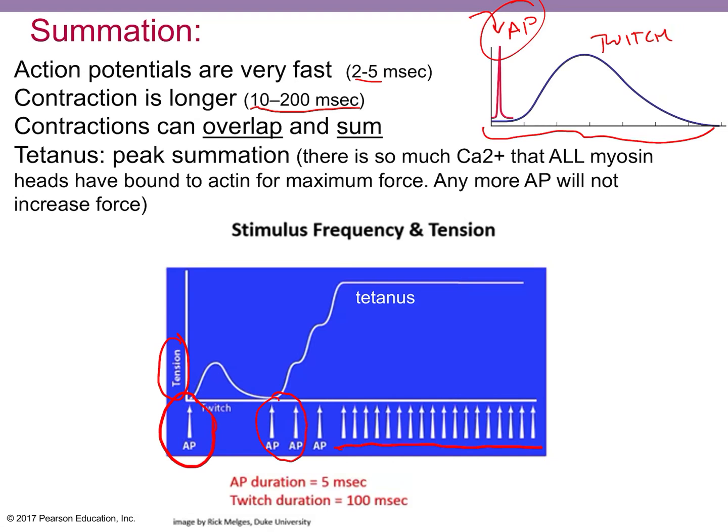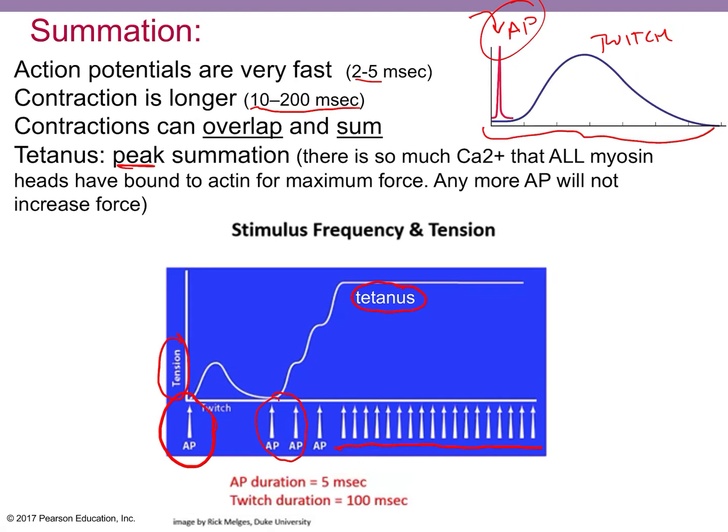You can create more and more tension until you reach the peak tension, when your muscle physically cannot generate any more tension. You've maxed it out. That's called tetanus. Tetanus is the plateau, the peak summation.